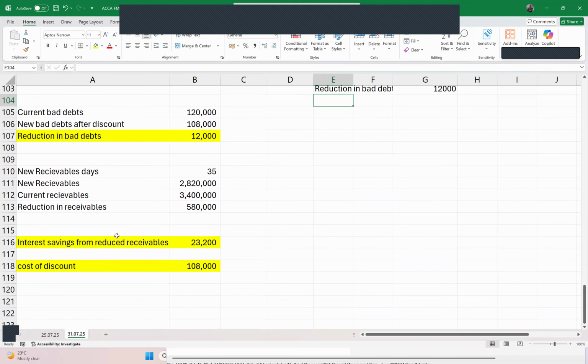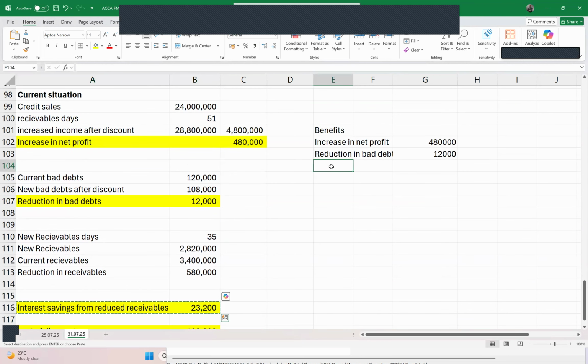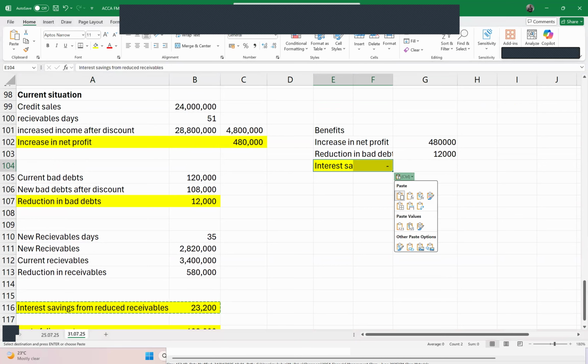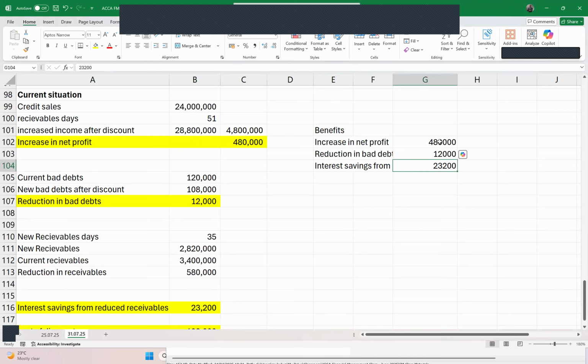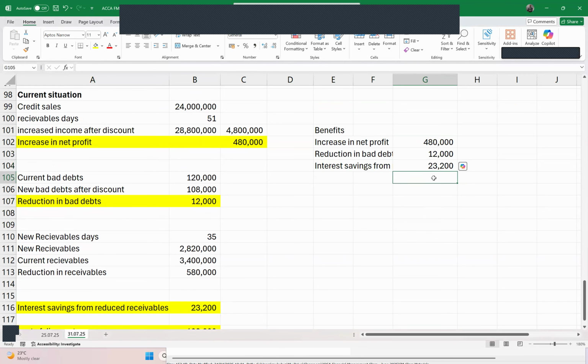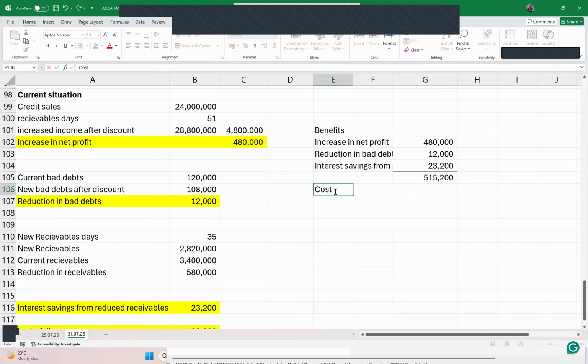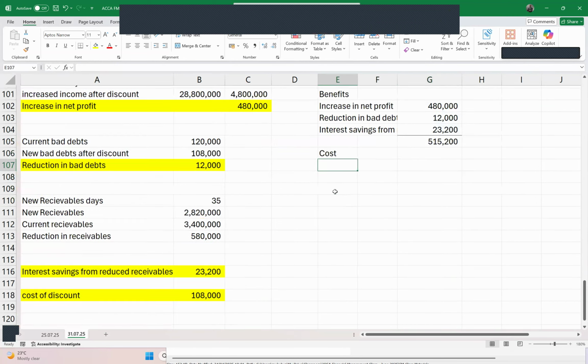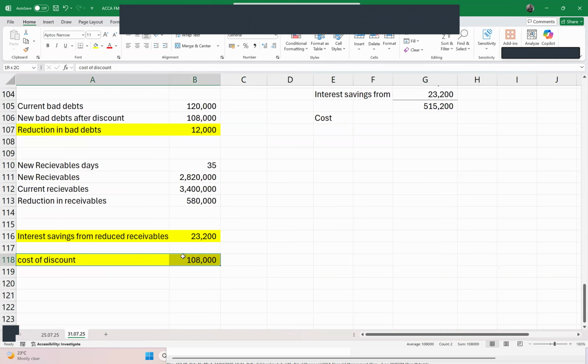You have interest saving on reduced receivables. So these are the benefits. Benefits are 515. Then the cost, we really have just one, cost of the discount.